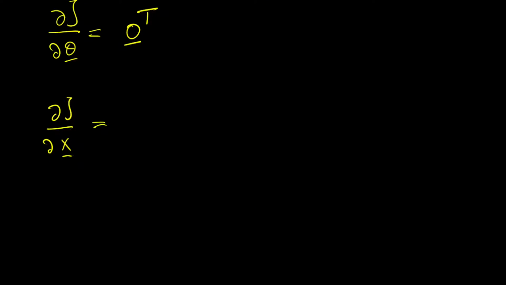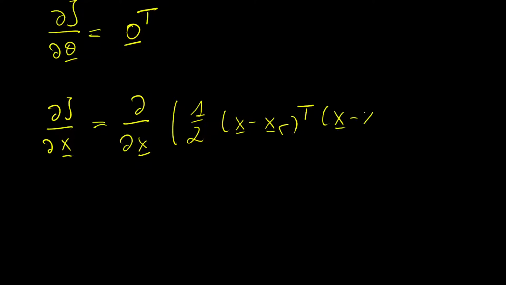Then let's execute the derivative. So we have to take the derivative with respect to vector x of the loss expression, which is 1/2 times (x minus xr) transpose times (x minus xr). So we see that we have a product of two factors that both contain the x we are taking the derivative with respect to. So let's apply the product rule.